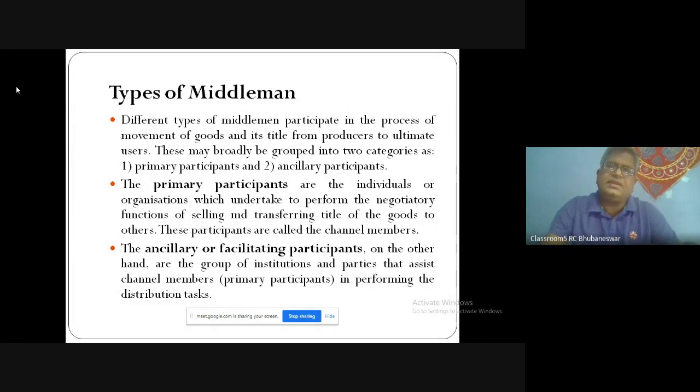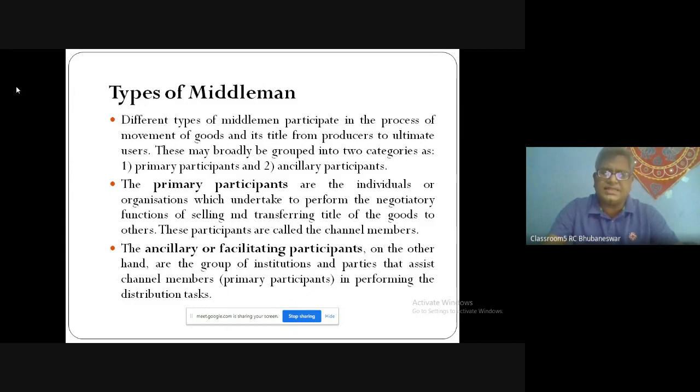But there are different types of middlemen. What are the different types of middlemen? There are generally two types: primary participants and ancillary participants. If you talk about primary participants, they transfer the title of goods to others. It is a negotiatory function through which the title of the goods can be transferred.